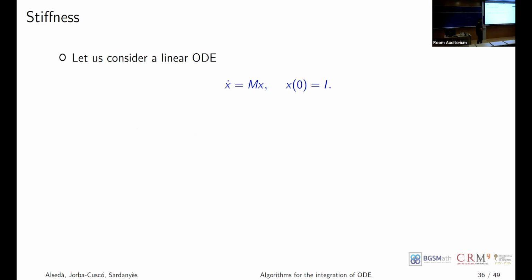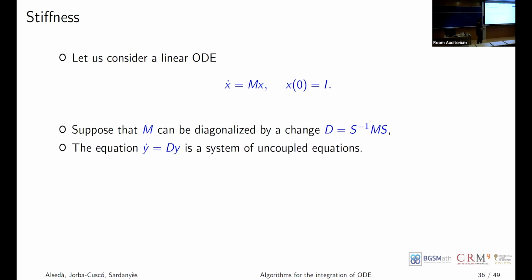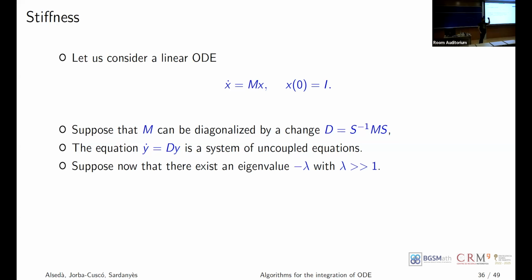So I look at the diagonalized system. This is a diagonal system, which means that the equations are uncoupled. So I have a number of one-dimensional equations, and I'm going to suppose that there exists an eigenvalue which is negative and large in modulus. So minus lambda, and lambda is larger than 1, think of something big in modulus.